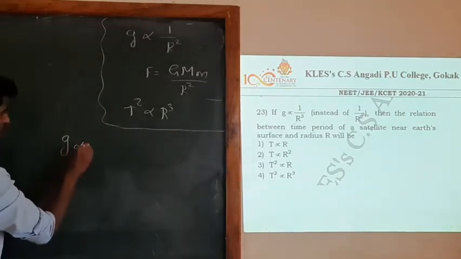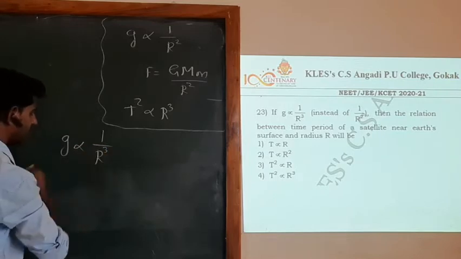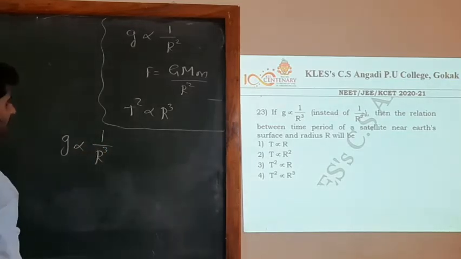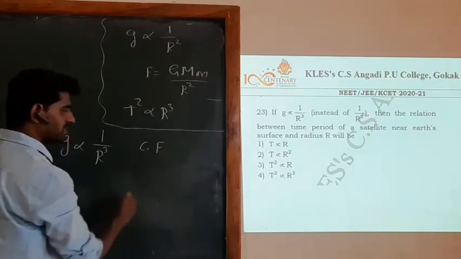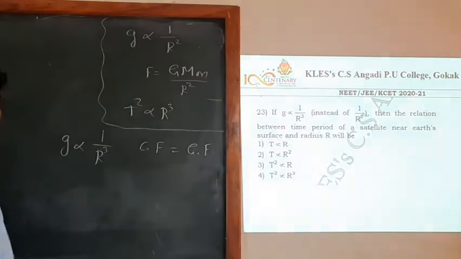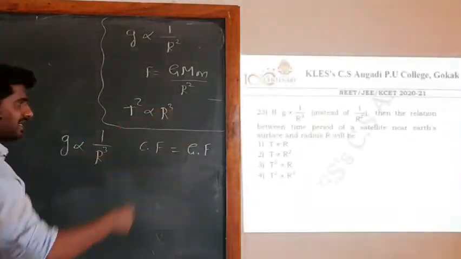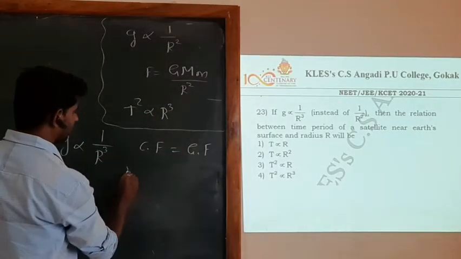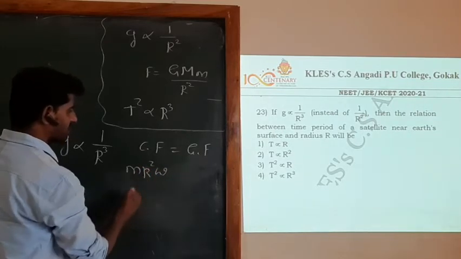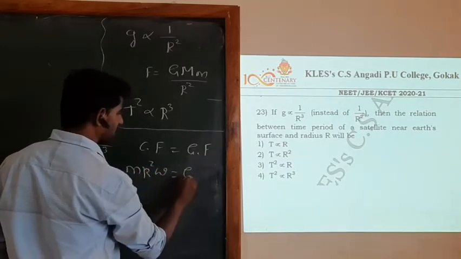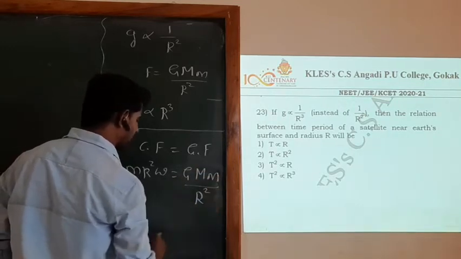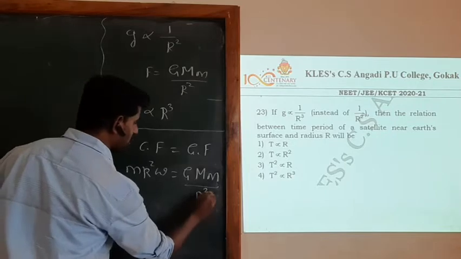Suppose we assume that g is inversely proportional to the cube of the radius. Let us say the centripetal force of that satellite should be provided by the gravitational force on that satellite, and the gravitational force is G into the mass of the satellite divided by the radius cube.